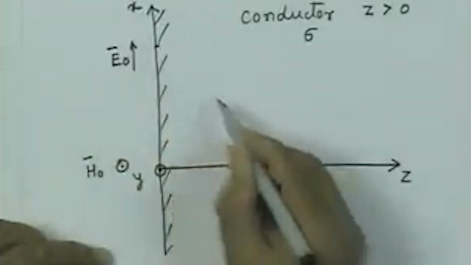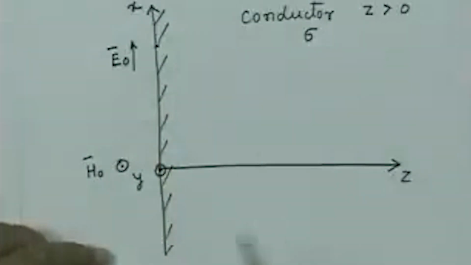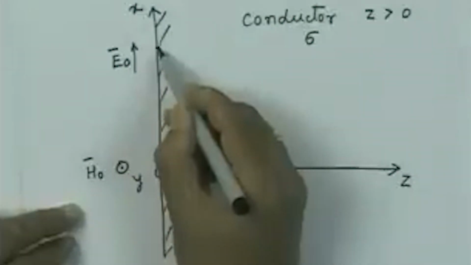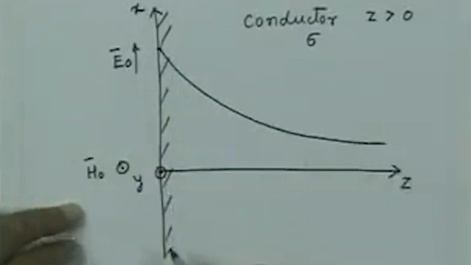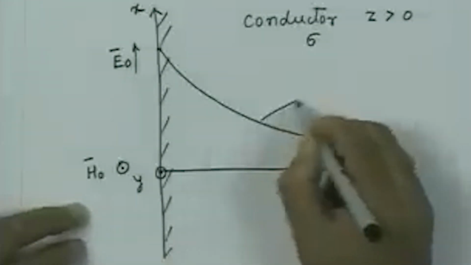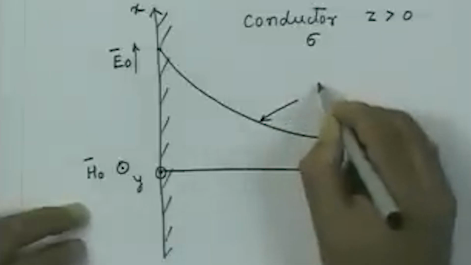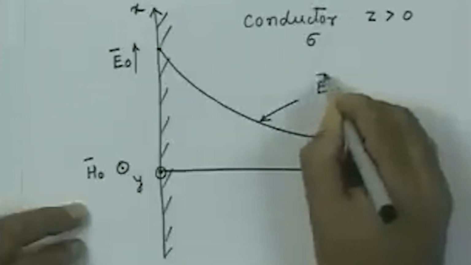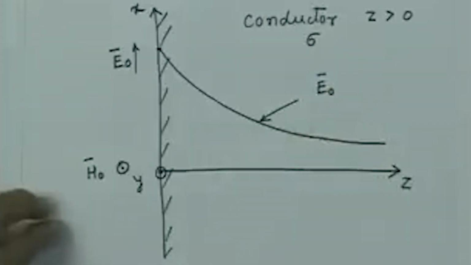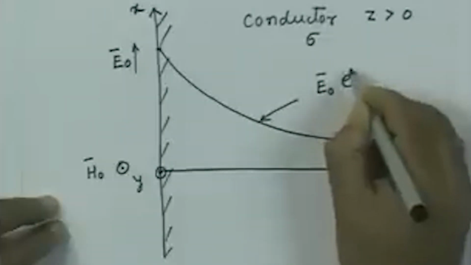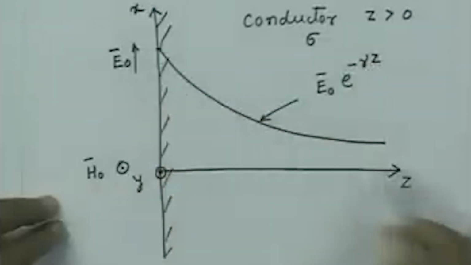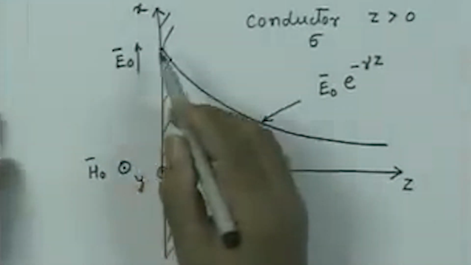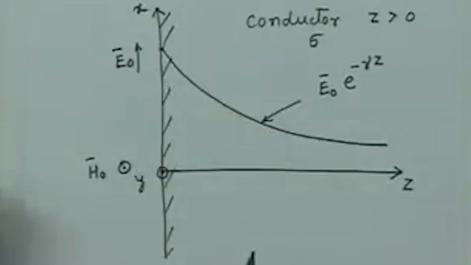Then the electric field amplitude will decrease exponentially as the wave travels inside the conductor. So we have an exponential variation inside this, given as E0, which is the value of the electric field at the surface of the conductor, e to the power minus gamma z, where gamma is the propagation constant of this wave inside the conductor.